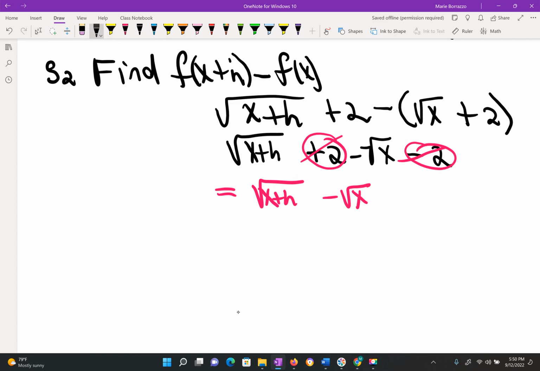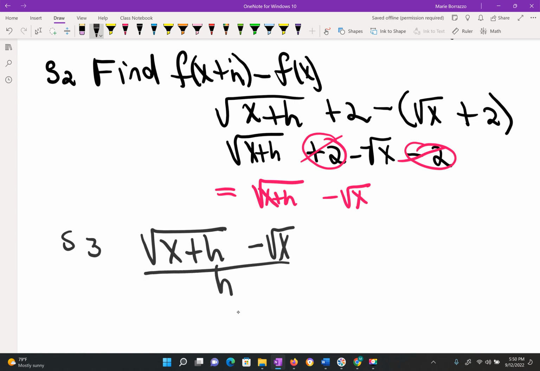Step 3. Step 3, we're throwing it into the entire equation. So we're actually going to say the square root of x plus h minus the square root of x, all over h. Conjugate, sound familiar? The word conjugate? Okay, so we are going to multiply top and bottom by the conjugate of the numerator.